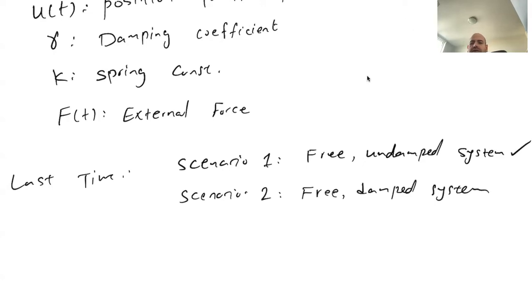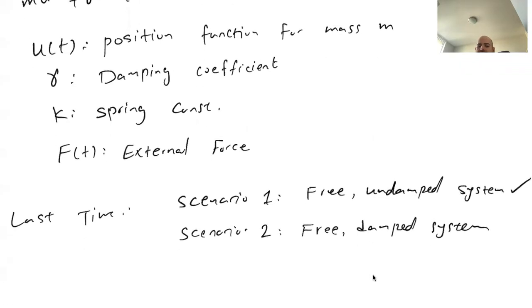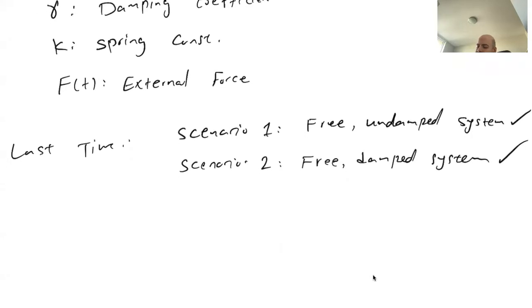So free means we assume that the external force is 0. If we assume that the system is undamped, then that means that gamma is equal to 0, which means basically we are assuming there's no friction. And if we assume that the system is damped, then we have to assume that gamma is a positive number, is non-zero. So we looked at the solutions in each of these cases.